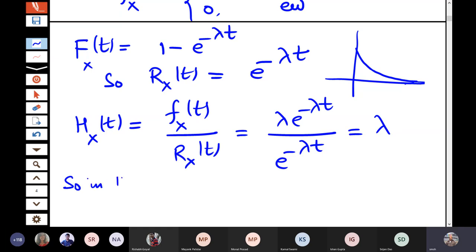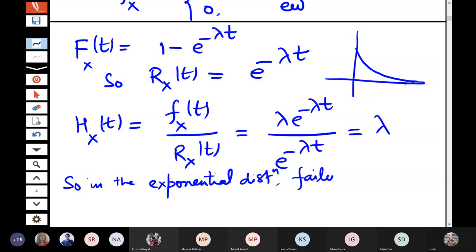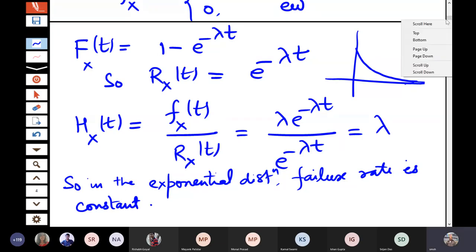So in the exponential distribution, failure rate is constant. Is this point clear? Yes, sir.